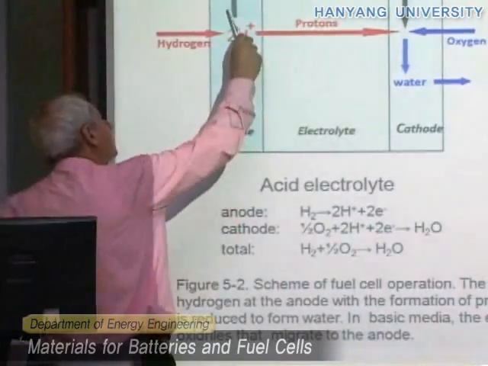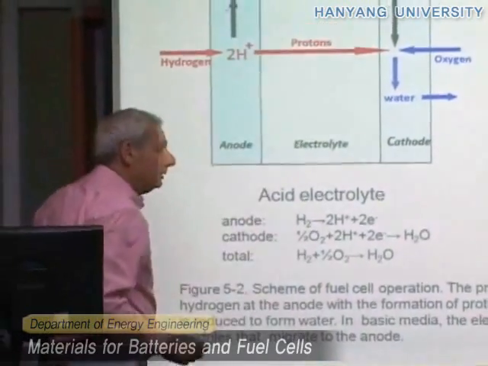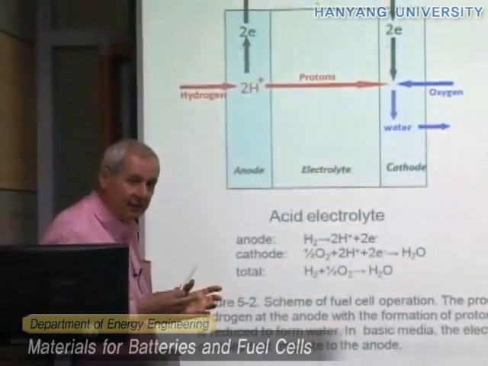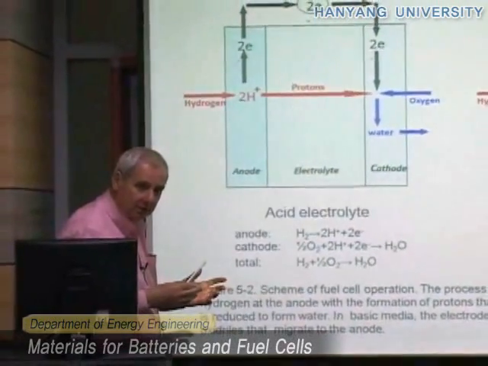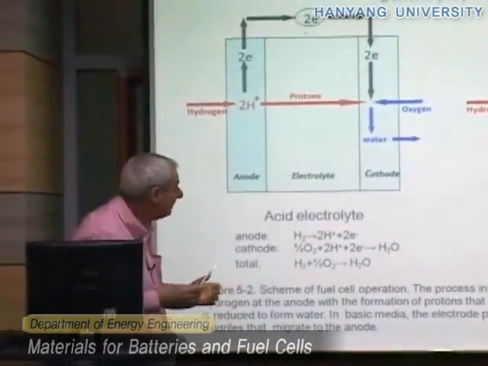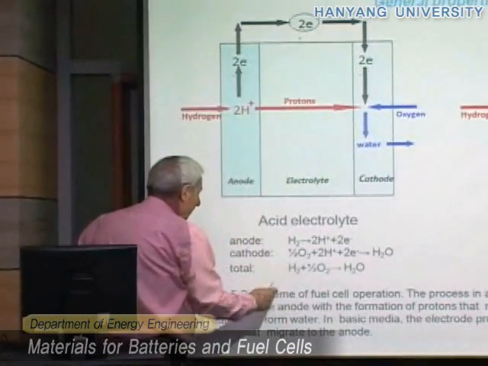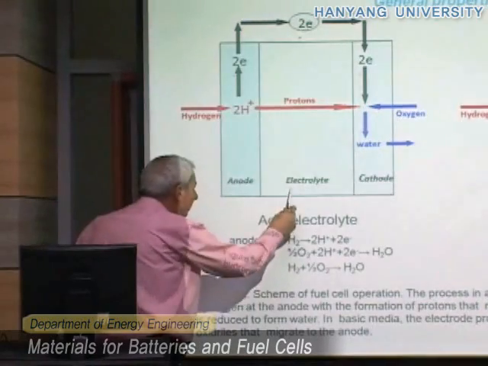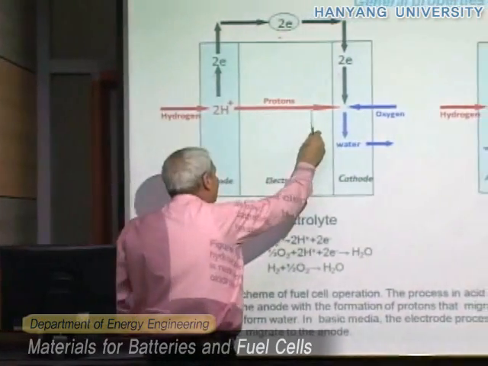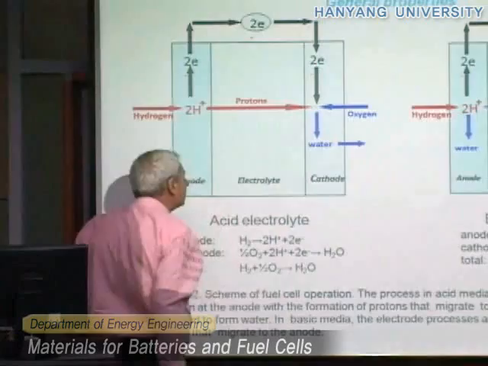So the 2 electrons go across the cell to provide the work for maybe driving a car. And the H+, which are produced, travel through the electrolyte and arrive here.